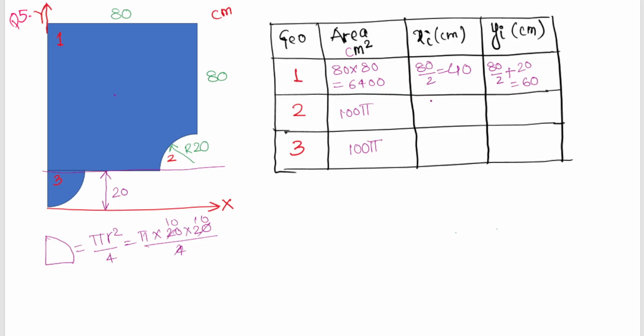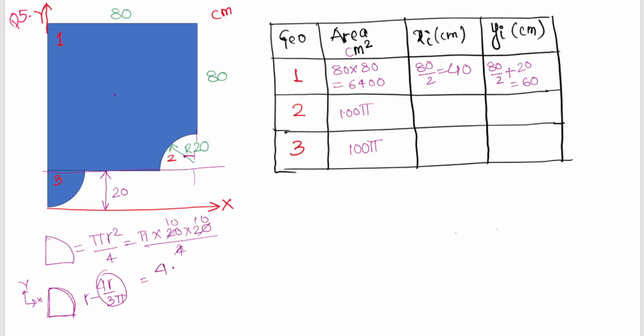Now x2 is, remember, this portion. So we have made this for a quarter circle, both the quadrants x and y. The location is 4r by 3 pi from the flat side, this side. So from the arc side, this distance will be r minus 4r by 3 pi. So first, remember this reason. So first thing is the location of this centroid. We know that from the flat side it is 4r by 3 pi.